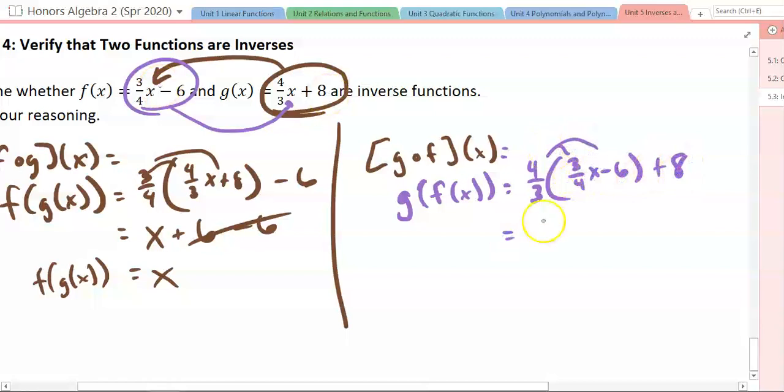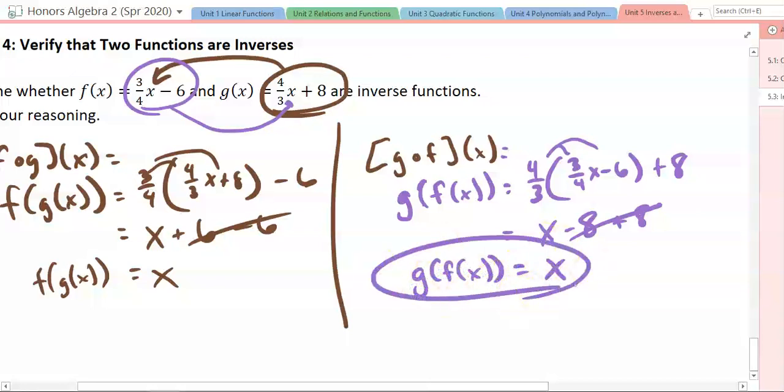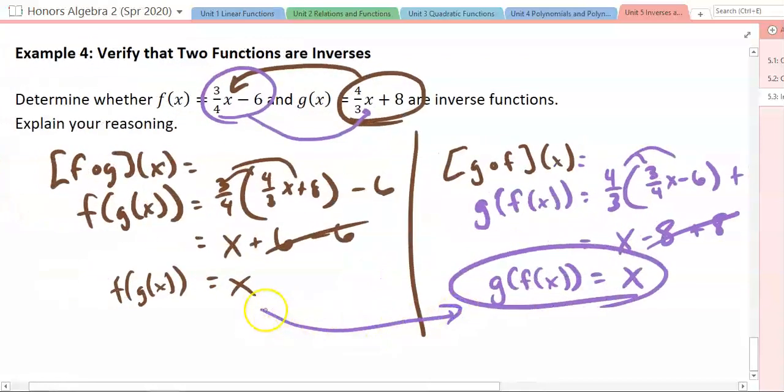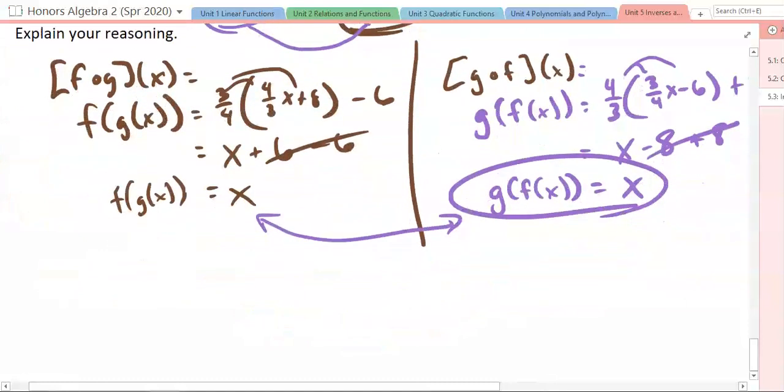Distributing the 4/3, I get 12 over 12, which gives me 1, so that's just x. 4/3 of 6 is negative 8, and the plus 8 out back. Negative 8 and positive 8 will cancel, and so g of f of x is equal to just x. And so we get the identity for both. So are these inverses? Yes.